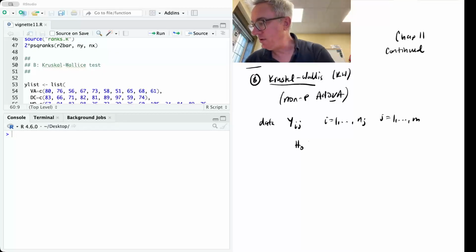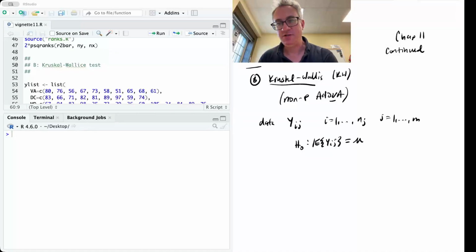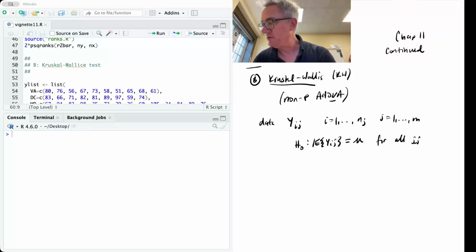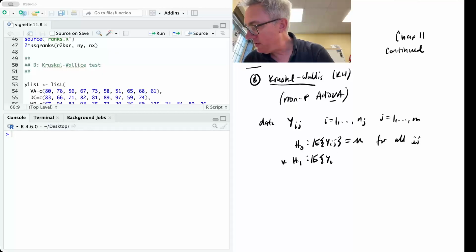And what we want to check is if the means are the same for everybody, which I'm going to generically denote as mu, but it doesn't really matter what value that is, for all of our observations regardless of i and j, versus the alternative that there is a j and a k, so that is two different groups where the means are different.